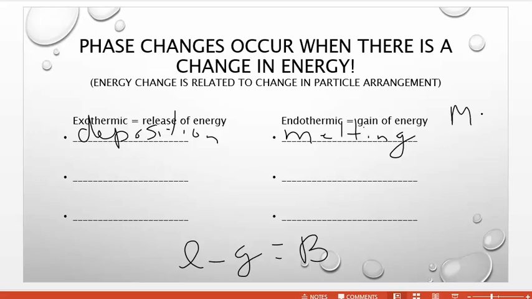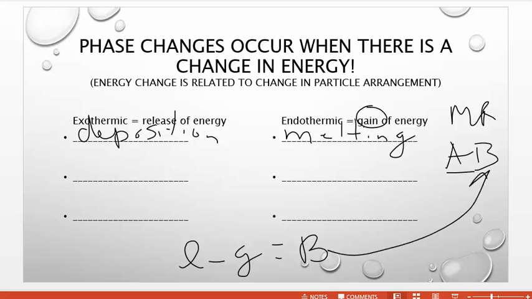So break. I bring my Mr. Ab back up here. Break, that means absorb. Absorb means gain. That means I'm endo. Therefore, I'm going to put boiling as an endothermic reaction.